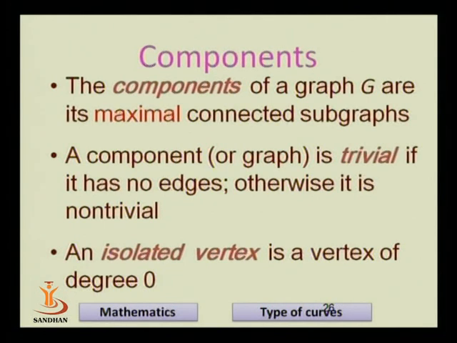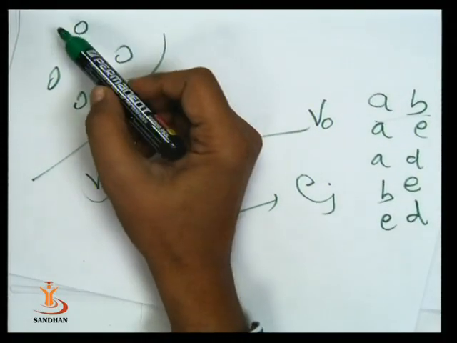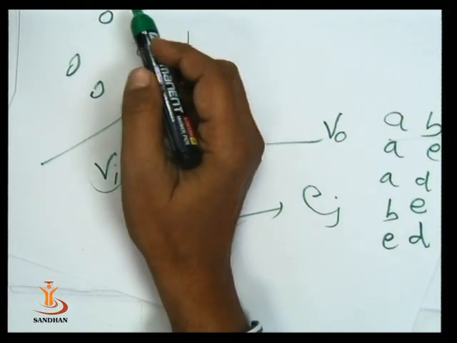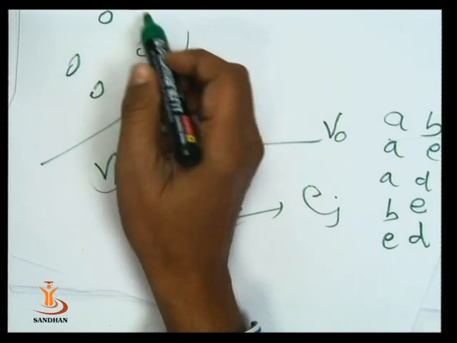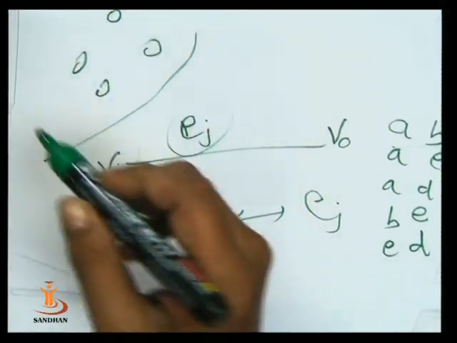A component is trivial if it has no edges. Otherwise, it is non-trivial. An isolated vertex is a vertex of degree 0. In this null graph, each vertex is known as an isolated vertex because no edge is connected to those vertices.